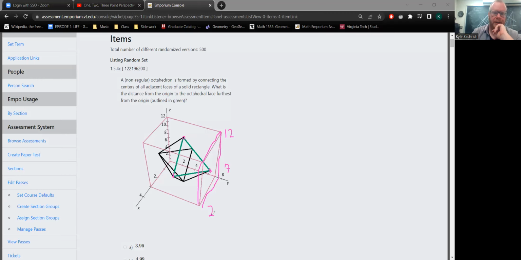So if we want 2, 7, and 12, the center of that face is just going to be half of each of those values. So this point is going to be 1, and then the y coordinate is going to be half of 7, or 3.5. And then half of 12 would be 6.